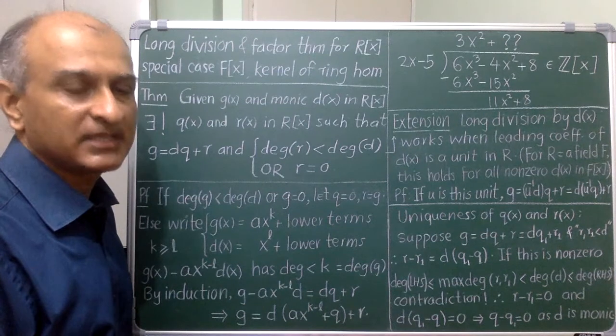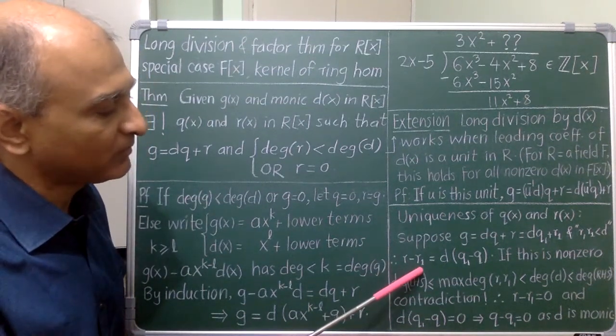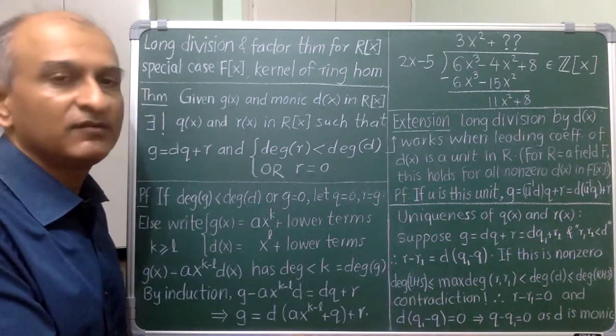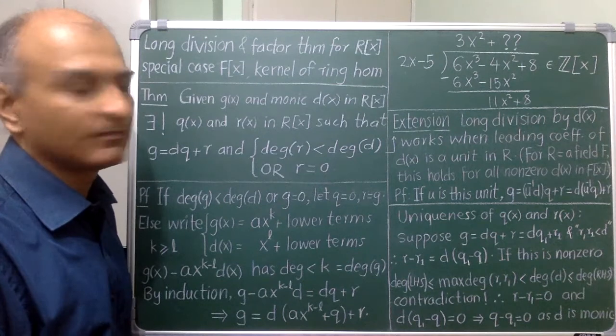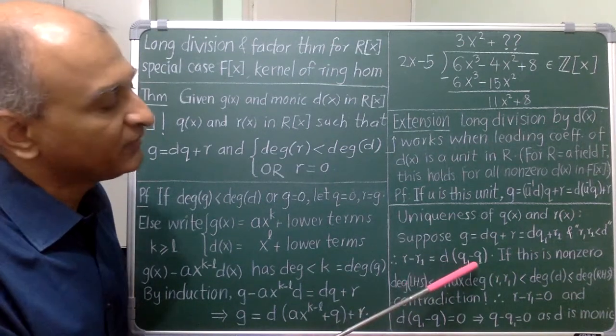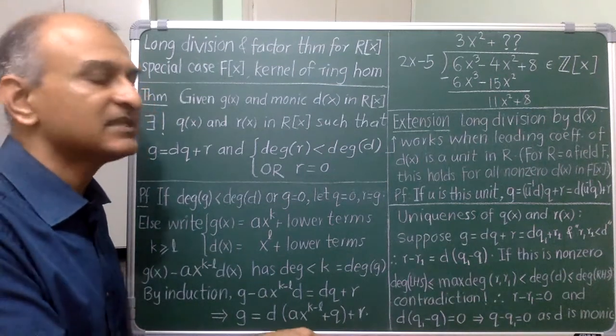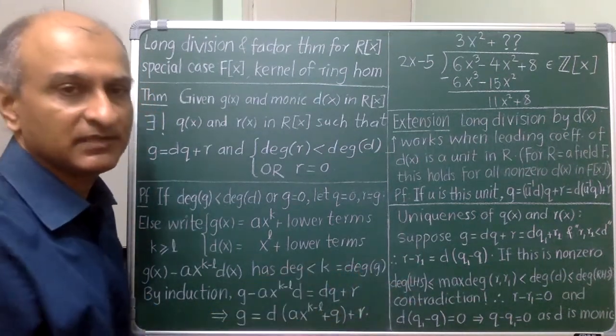Two properties are key here. One is that if I add two polynomials, then the degree of the result is at most equal to the larger of the degrees. Second, if I multiply a monic polynomial with a non-zero polynomial, then the degrees add. I have written out the details over here, which you can check for yourself.